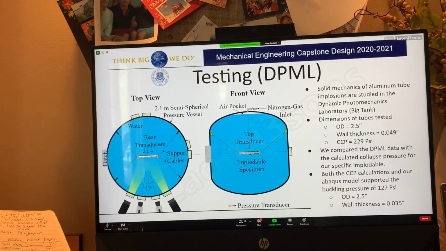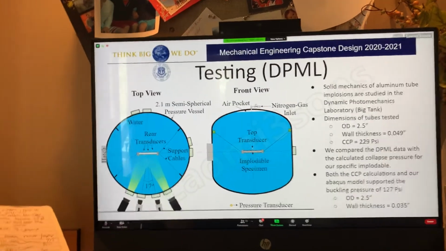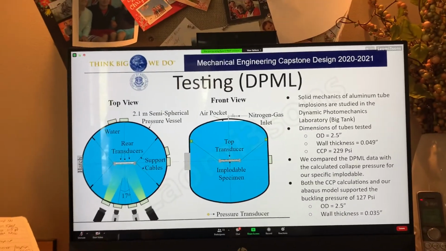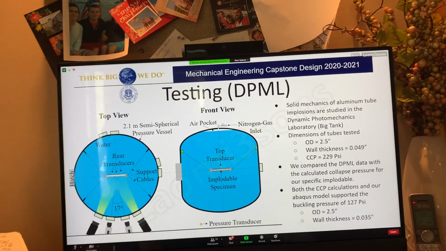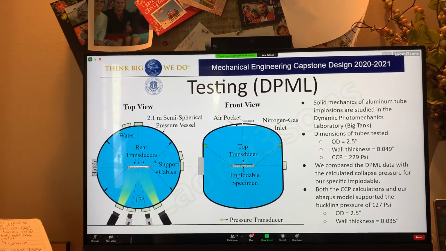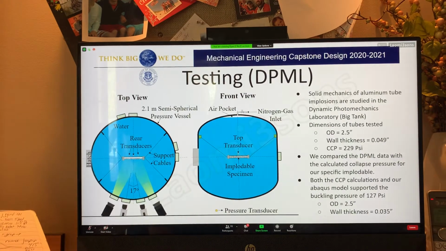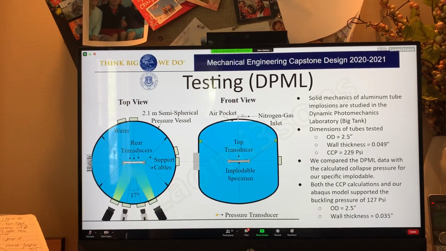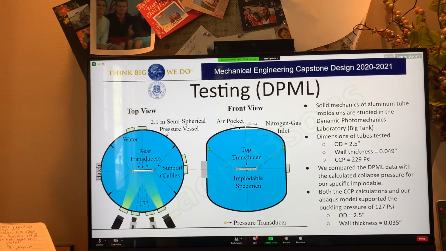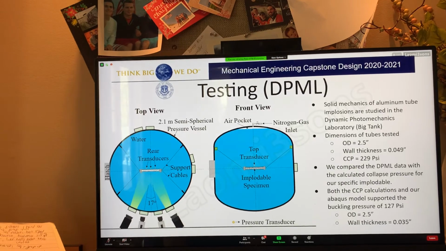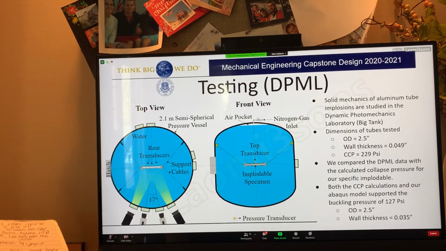What that software does is it captures the dots and watches them as the tube implodes, and it compares the positions of these dots to give you strain data, the strain that is being felt by the implodable. These cameras can run up to very, very high frame rates, so you can see the implodable collapse in on itself in slow motion, and it was very cool.